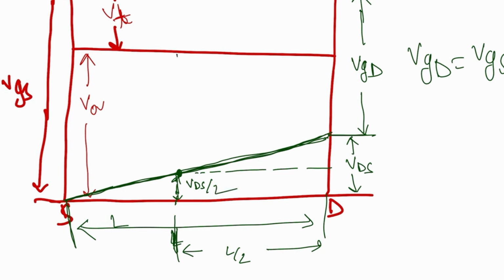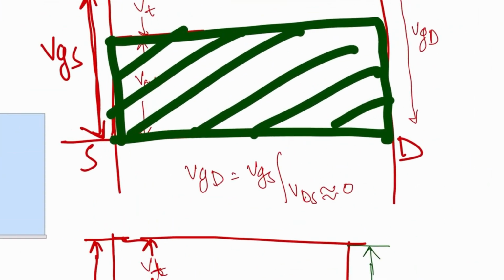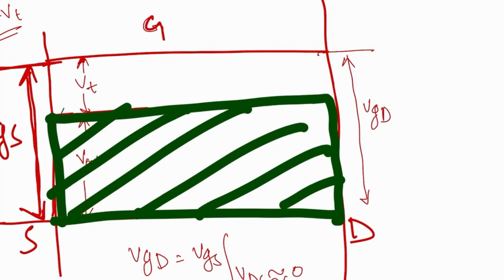Now I want to calculate the voltage of this channel. Our channel is this one, right? And I need to calculate the voltage across this channel. As I explained in my last video, there was no VDS at that time, and the channel was this one.